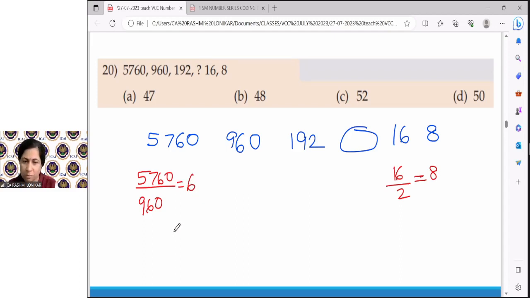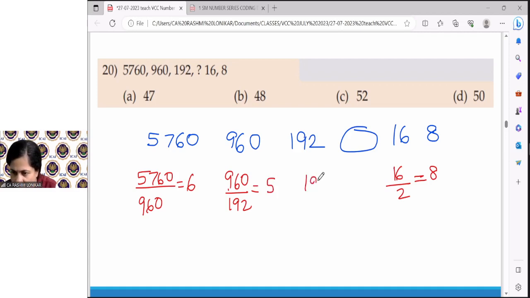Then 960 upon 192. 960 divided by 192 gives me how much? 5.